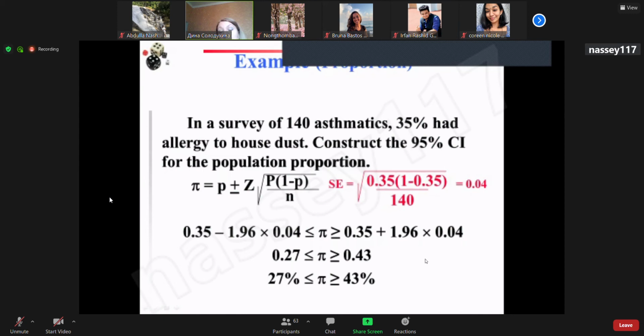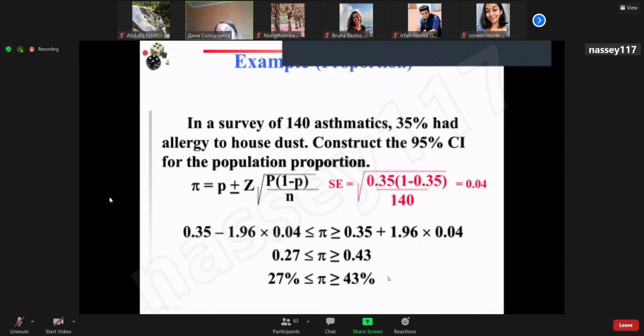So we will get the 95% confidence interval from 27 to 43, which means that population proportion, percentage of people who have allergy to dust, not in our sample, but in the population of people with bronchial asthma, will vary from 27 to 43.